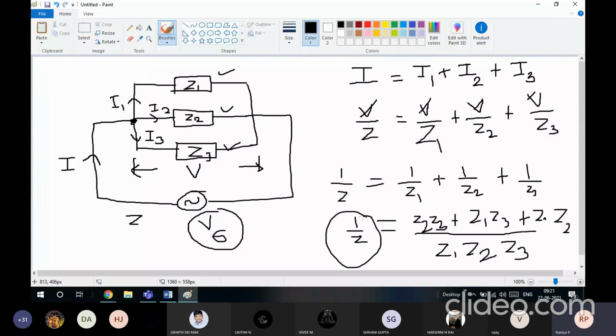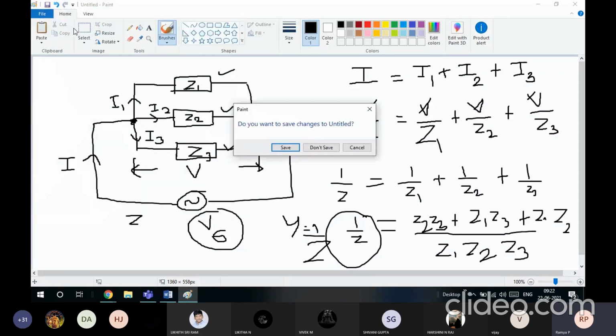Y is admittance, and my formula is Y equals 1 by Z. So Z is the impedance and Y is the admittance: the reciprocal of impedance is admittance, or the reciprocal of admittance is impedance.